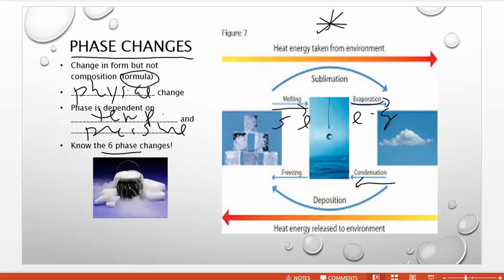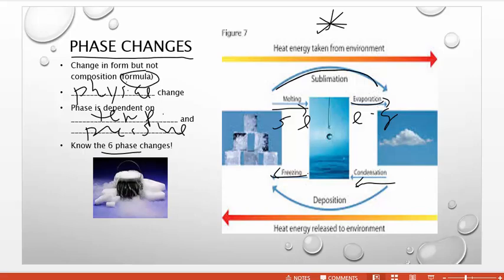Or you see that on your glass when it's warm and warm air can hold a lot of moisture in it. But then when it hits the cold glass, cold can't hold moisture, so that gas becomes a liquid and it condenses. And then freezing is going from, obviously, a liquid to a solid.